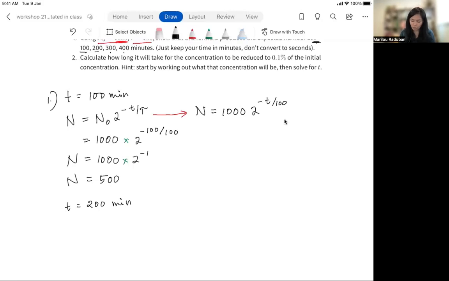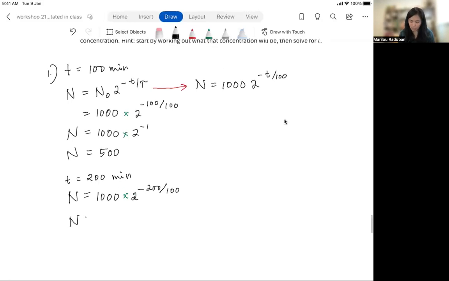So when t is 200 minutes, you substitute: 1000 times base 2 raised to the exponent of 200 divided by the half-life, which is still 100. That's 1000 times 2 exponent negative 2.